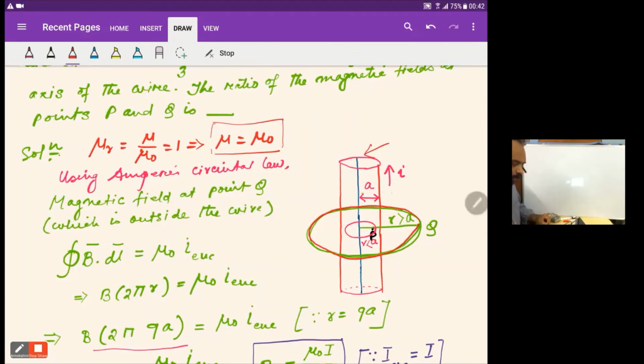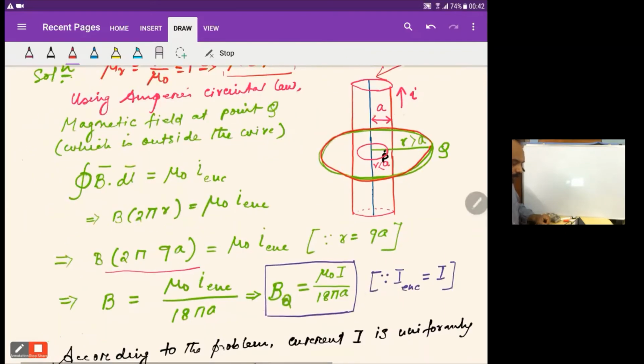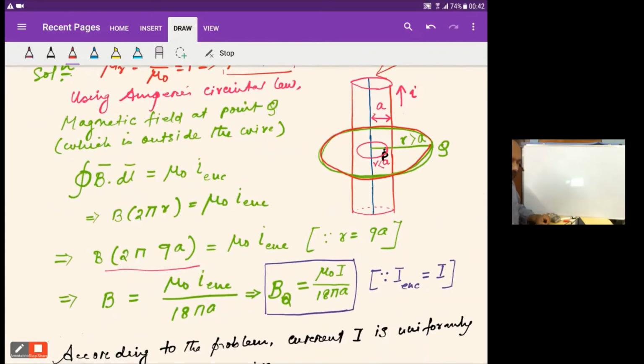So B dot dl is equal to mu 0 I enclosed. That gives us B times 2 pi r, integration of dl. dl is the line element or length element. That is equal to mu 0 I enclosed.